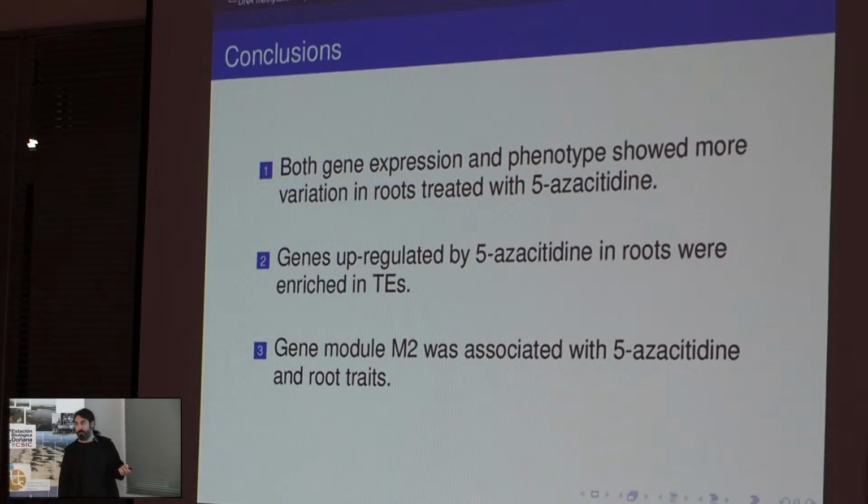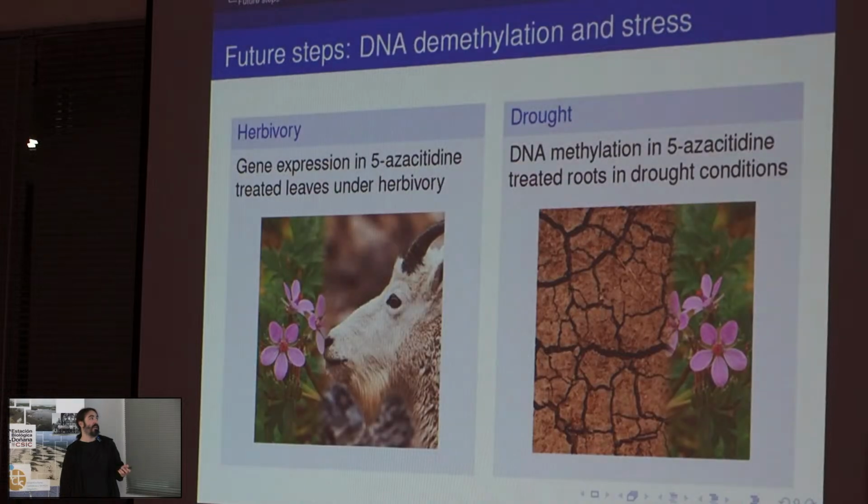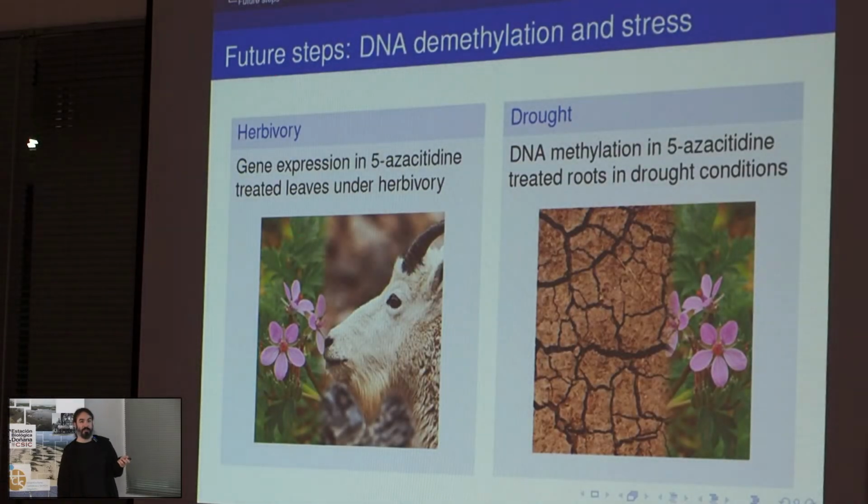So this is a preliminary study, because once we got this, the idea, and I'm now explaining the future steps, is adding an additional level. We got the effect of demethylation. Now we want to see the effect of demethylation and a plant interaction. For example, we already have data generated from an experiment that involves herbivory.